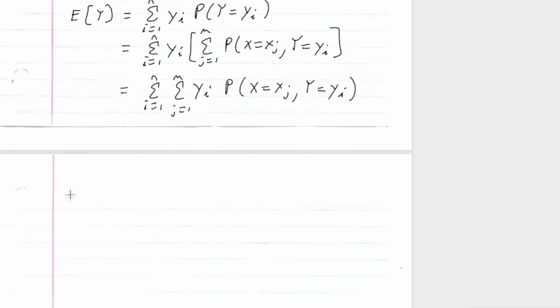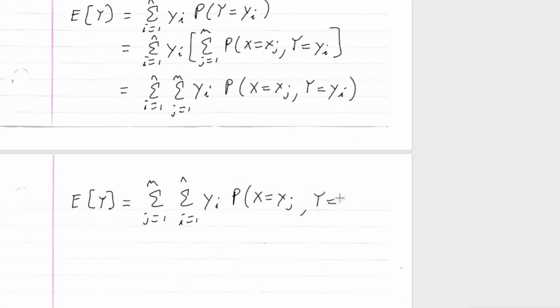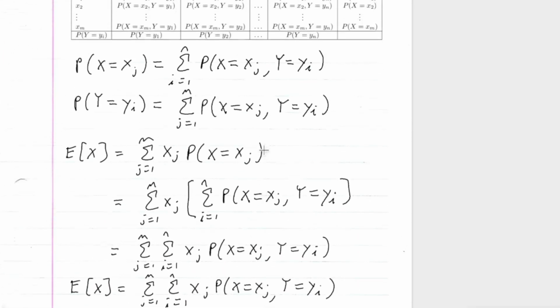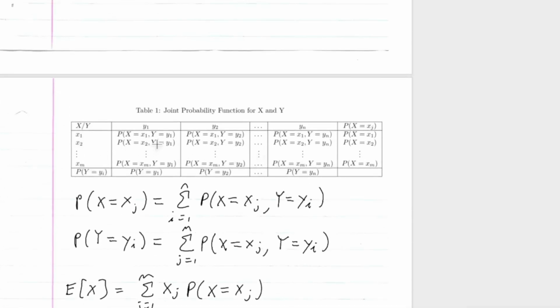So we know that the expected value of Y is equal to the sum from j equals 1 to m of the sum from i equals 1 to n of y sub i times the probability that X is equal to x sub j and Y is equal to y sub i, where of course y sub i represents whichever one we choose, times each one of these probabilities individually.